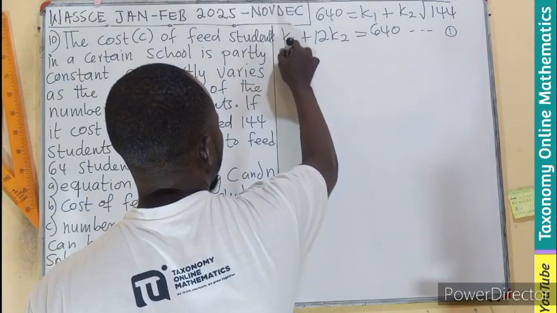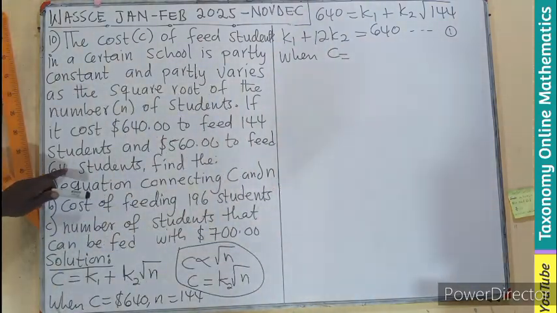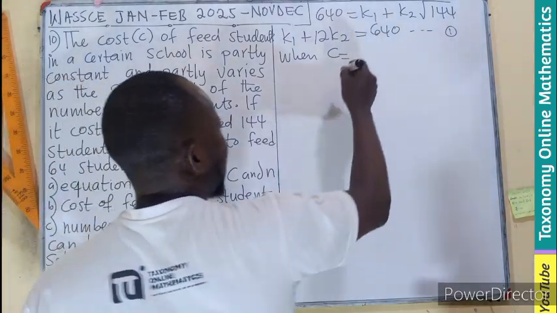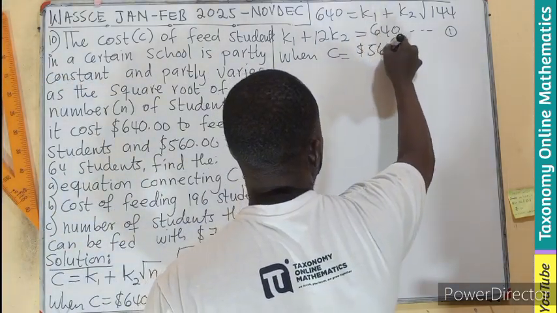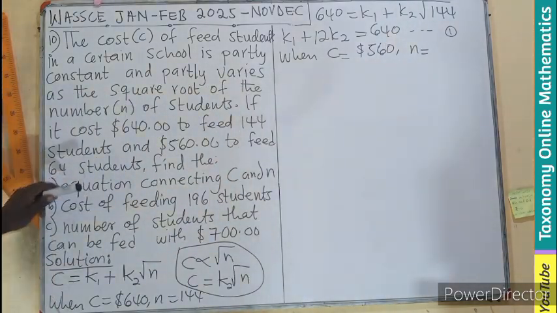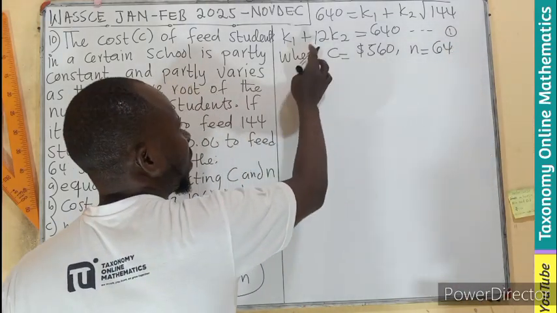Then we move on to the second one. When the cost is now reduced to $560, the number also reduces to 64. So let's do substitution.